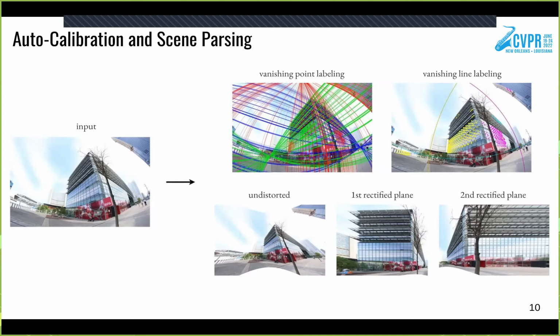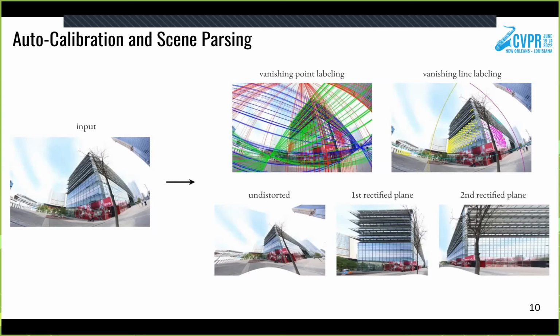And vanishing line labeling, which is for the affine covariant regions, you see labeled on the right. What's interesting is you're using both vanishing points and vanishing lines for the scene parsing here. Why? Because the affine covariant regions are in a lattice, or in particular, just a grid. And of course, there are many vanishing points along the vanishing line where those affine covariant regions are translational symmetries. So that's why we label them with vanishing lines.